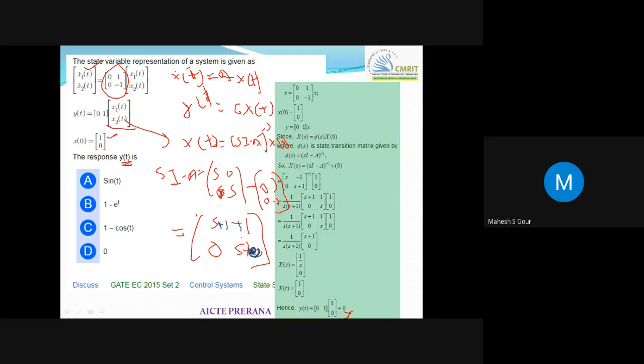So it will become s plus 1, 1, 0, s, divided by the determinant, that is s into s plus 1, when I take (sI minus A) inverse. Till here it's clear.